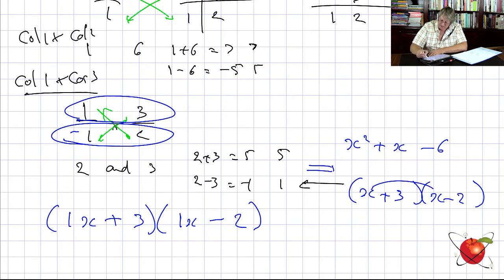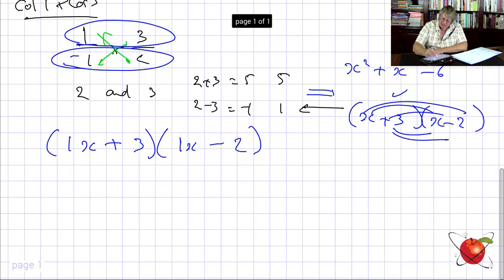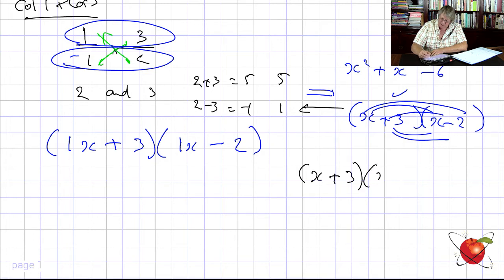You put in your brackets, like that and like that. That gives me x squared plus 3x minus 2x minus 6. So it's ticked the boxes. It's correct. So those are the factors: x plus 3, x minus 2. Okay, that's that one.